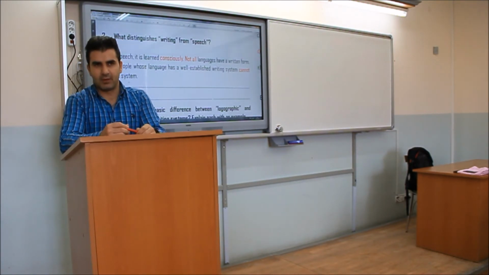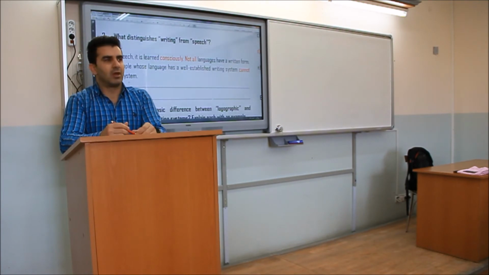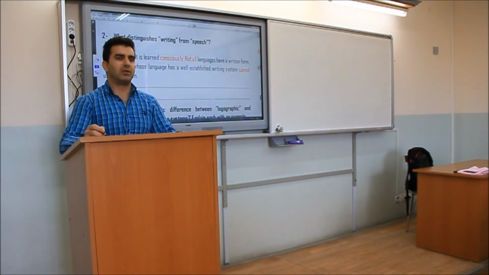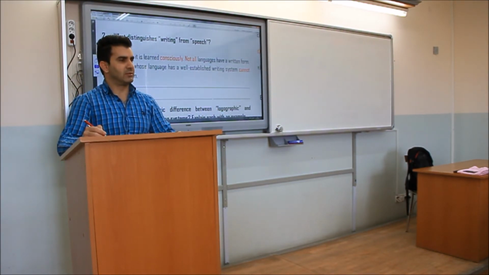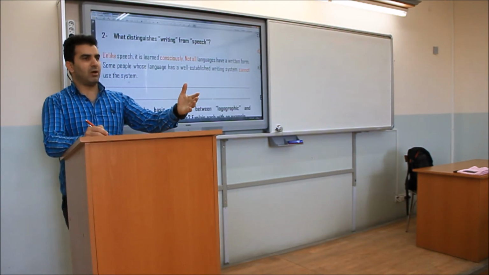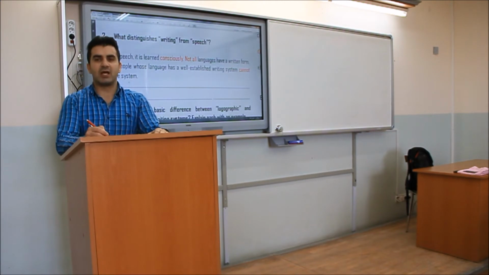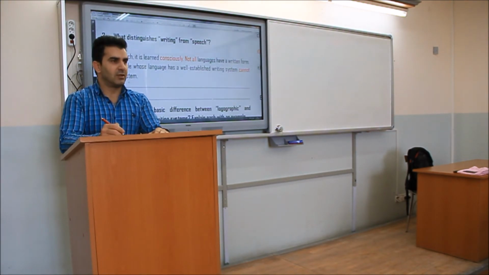Suppose that you are in a community where there are a lot of people who know how to write, and you see them. You live with them, but you're not taught how to write. You will not be able to write.